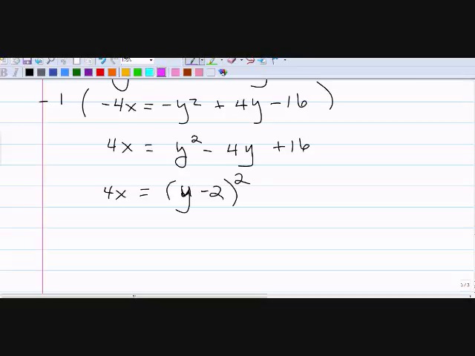Okay. Now, y minus 2 squared, that's y squared minus 2y minus 2y plus 4. That's y squared minus 4y plus 4. So I've got my y squared. I got my minus 4y.